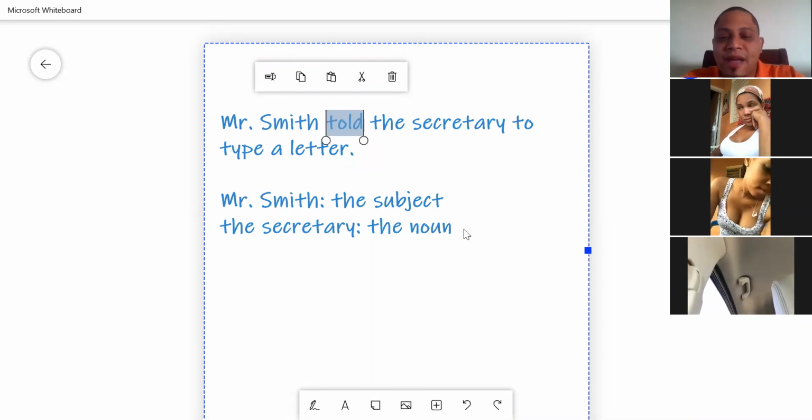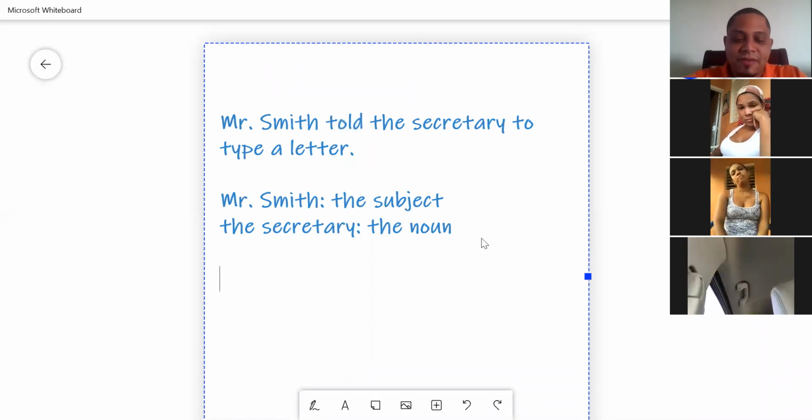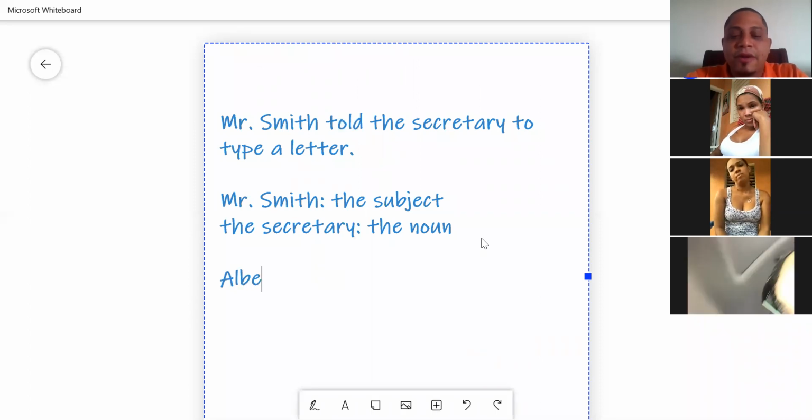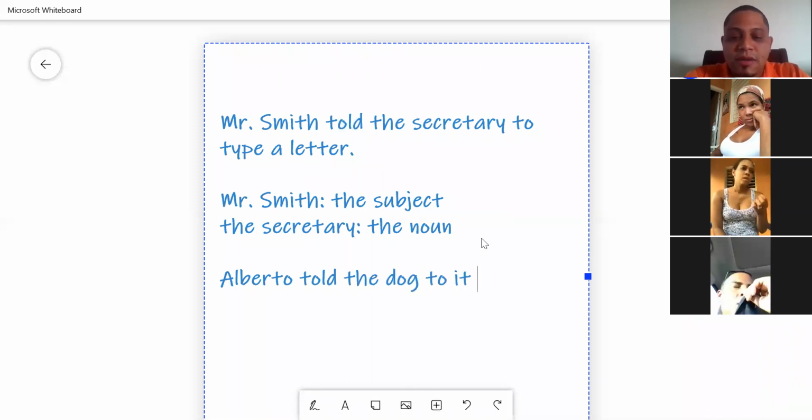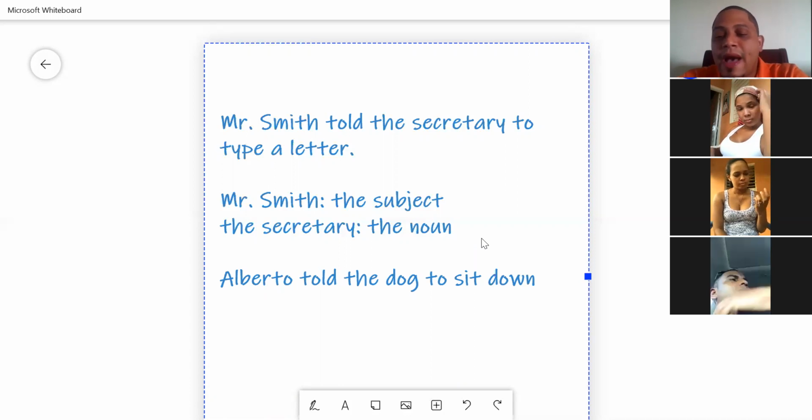Let's write that one down. Let's see. Or I can say Alberto told the dog to sit down. You see, here we have a noun phrase. The noun phrase is the following.